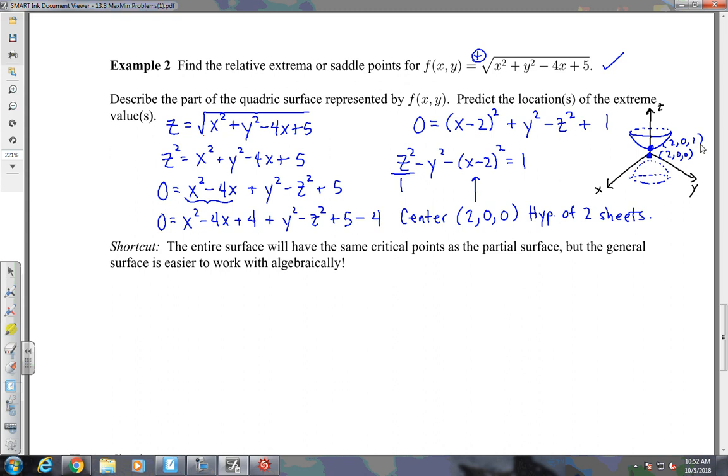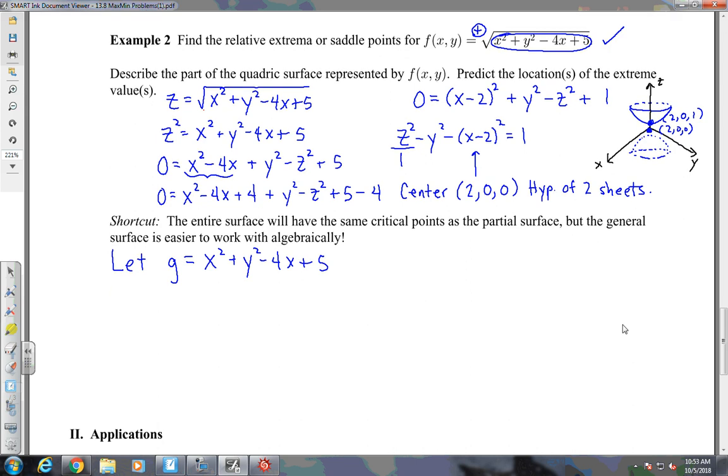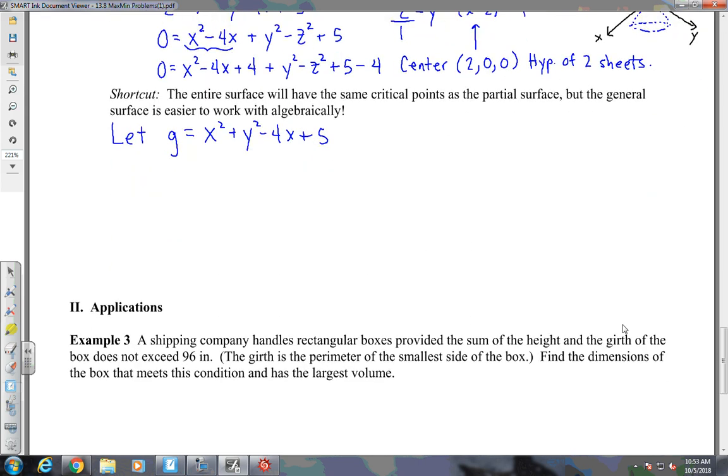So what we're going to recognize is that if I maximize or minimize the radicand only, I will still be maximizing or minimizing the square root function. So we can say, let's go with g equal to the radicand only. If I can maximize or minimize g, then I have also maximized or minimized that radical function.